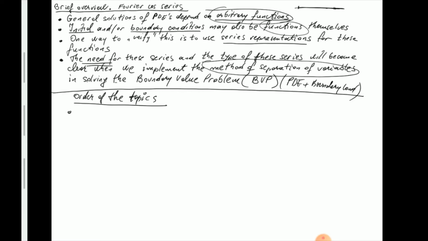So for quite a while, we're going to talk about the so-called sine and cosine Fourier series. We're going to define what these are, and we're going to basically learn how to obtain Fourier series representations, so Fourier series for various functions.